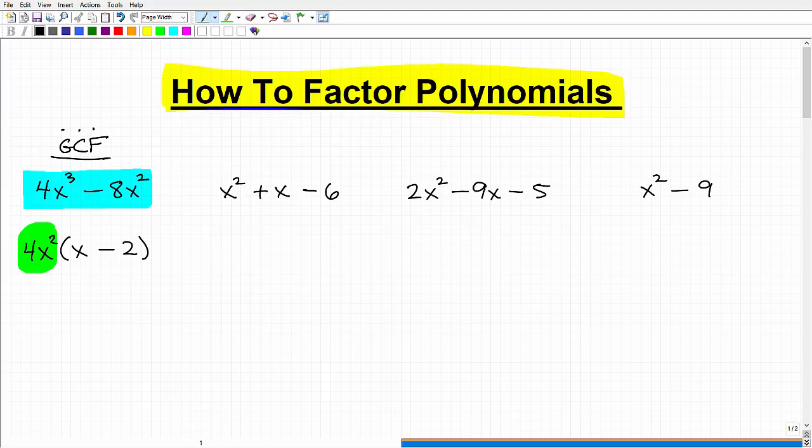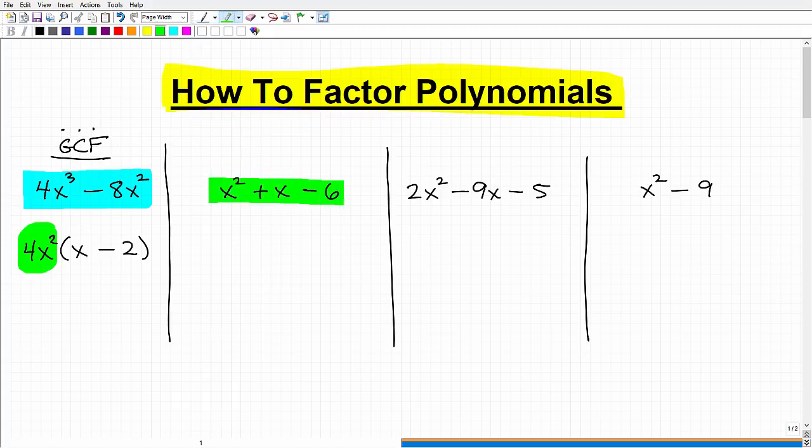Okay, so that's the first scenario. Now, the second scenario is this. If you can't factor out a greatest common factor, let's say you're looking at a polynomial and there is no greatest common factor, well, that doesn't mean that you're done. What you may have is one of these three remaining situations. So let's talk about these here. This is what we call a trinomial.